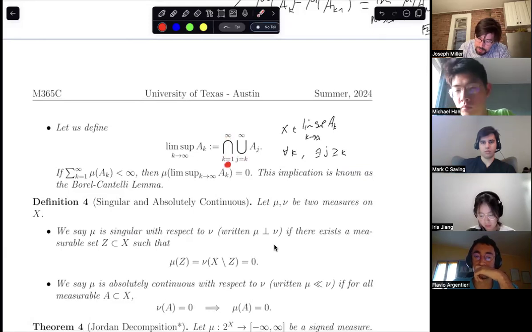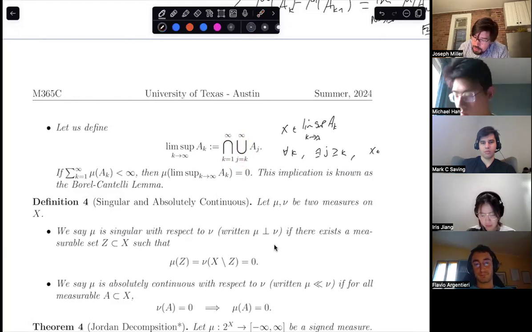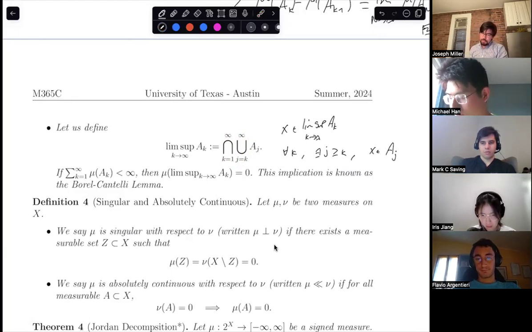For all k, it's an intersection, and then I take a union, so there exists j from k to infinity, such that x is in some A_j. So no matter how large a k I take, I can always find one larger than that k such that I'm in the set. So I'm somehow in this collection of sets A_j infinitely often. Probabilistically, you say that this event happens infinitely often.